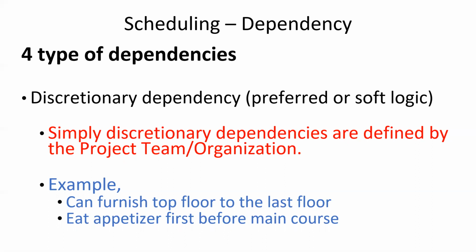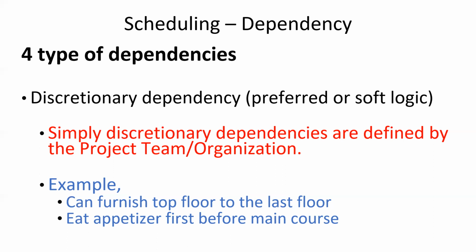So let me give you a very easy example, right? Let's take a building which is four floors and it's already done, right? If you furnish the first floor first, and then go up, there's a very high chance that all the materials and all the labor would go from the first to the last floor.